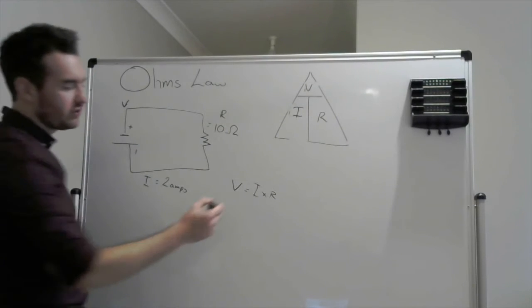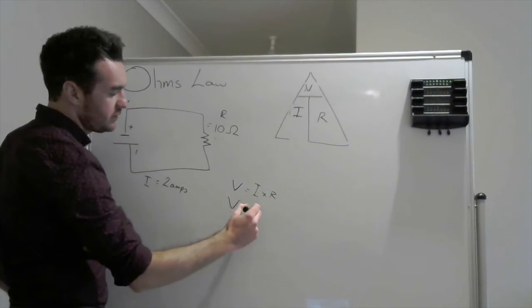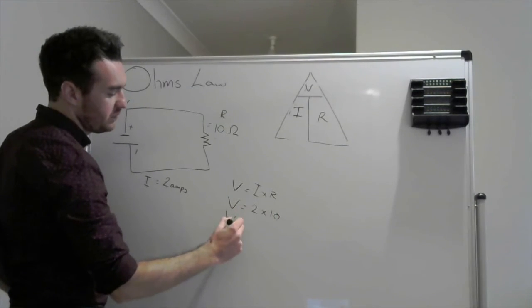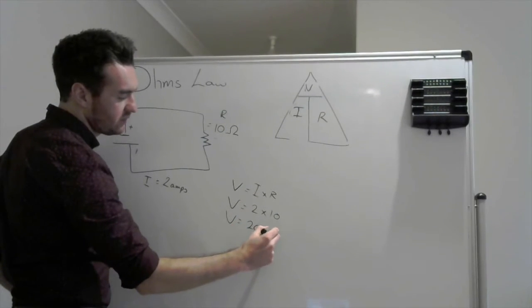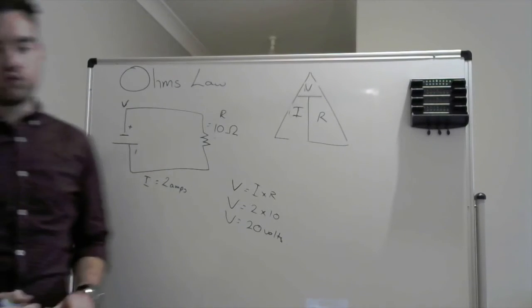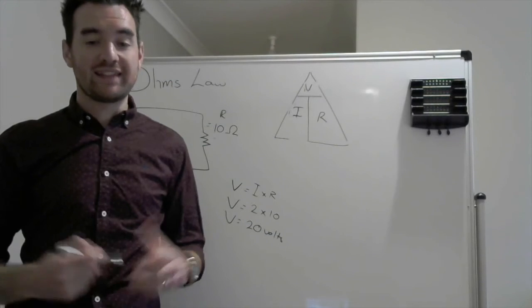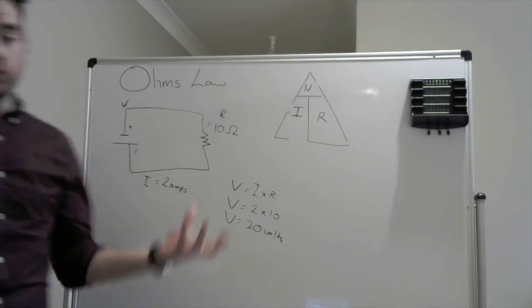So if I just substitute the numbers we have, volts equals 2 times 10. The volts we have in this circuit must be 20 volts. V equals 20. So it's really quite simple. We're using simple examples, but we don't really need to be much more complicated than that.